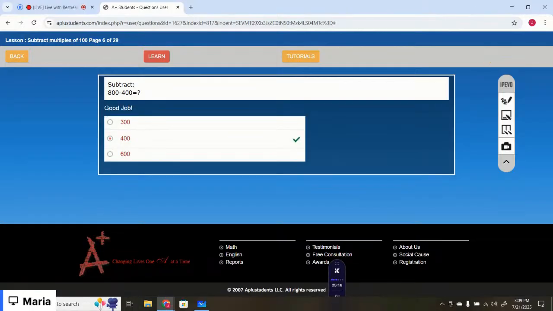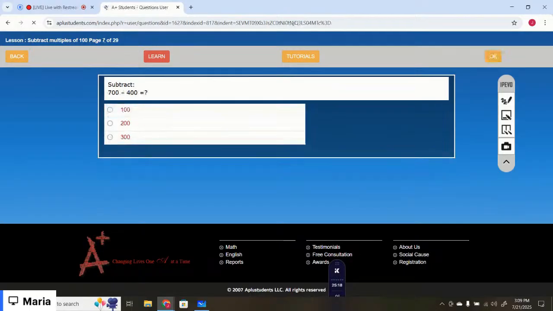Option 2 is the correct option. Seven hundred minus 400 equals, that is 7 minus 4 is 3. So 300 it is. Option number 3 is the correct option.